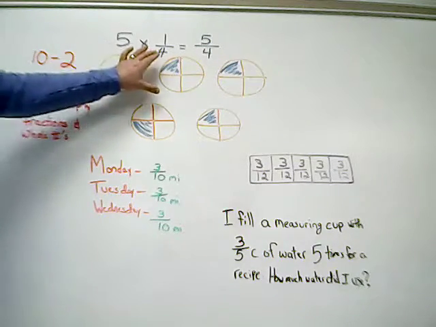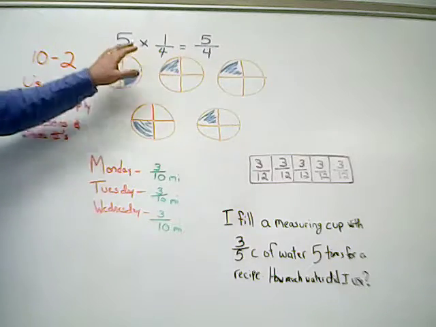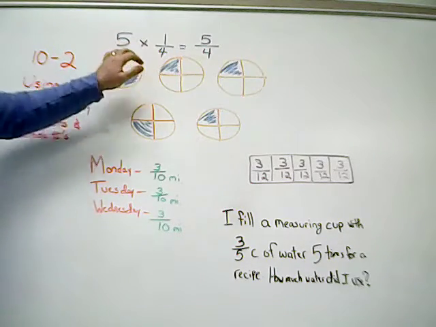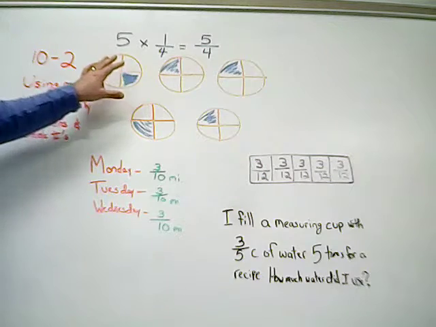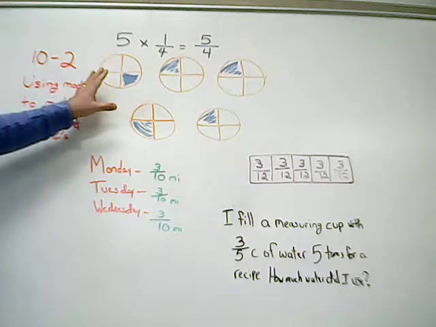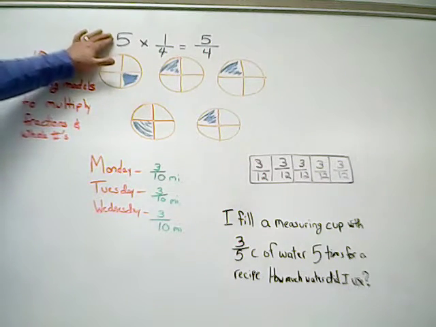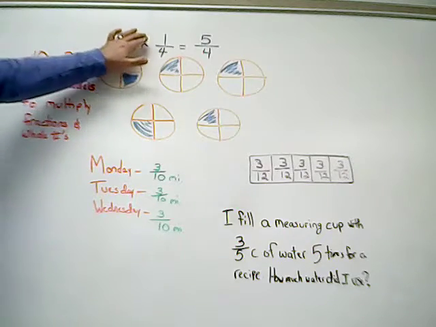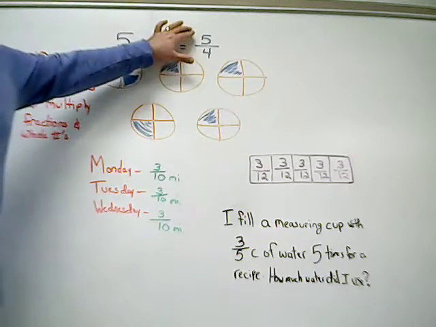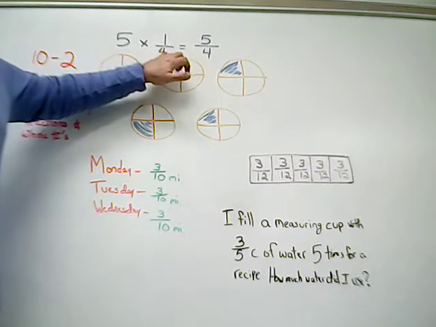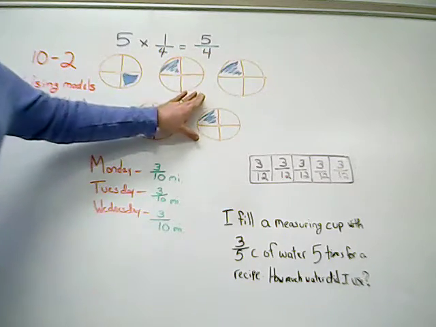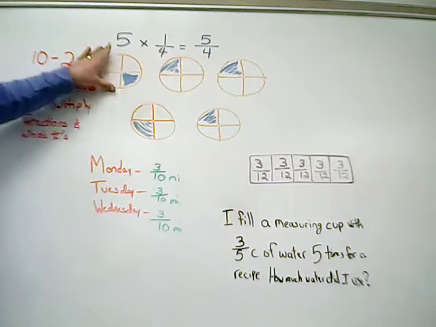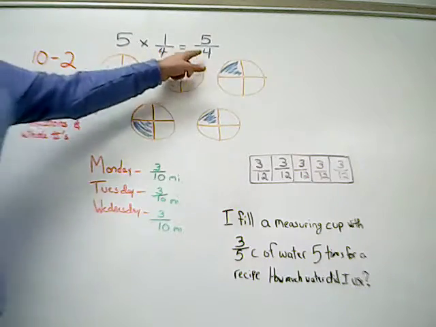They're still broken into fourths. I did not change them into what commonly could happen, which would be 20ths. So I take my whole number, multiply it with my numerator to get a new numerator, and I keep my denominator the same because I did not change the way my models are broken up. They're still broken into fourths.